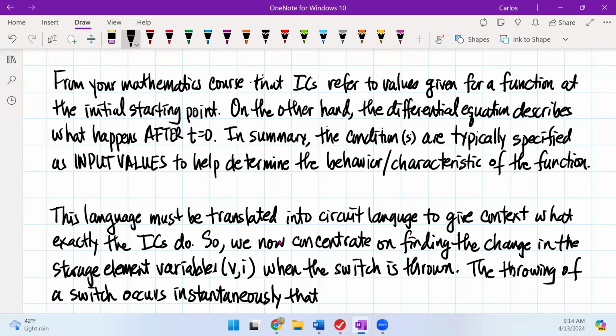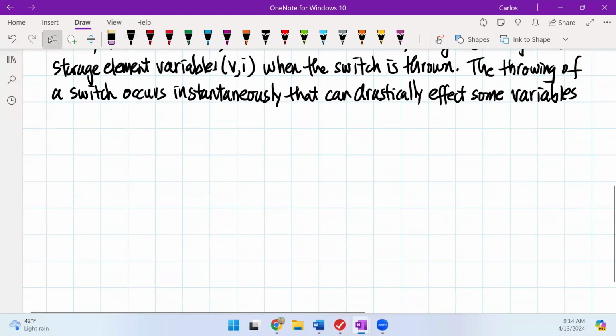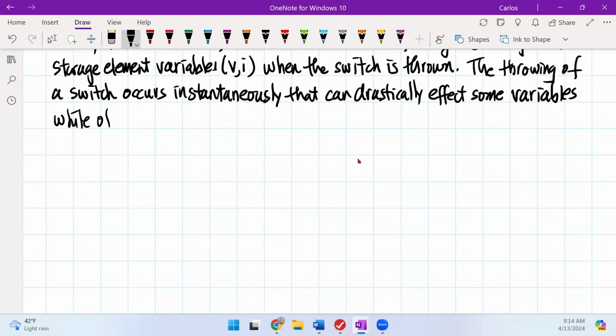That can drastically affect some variables while others will not change.